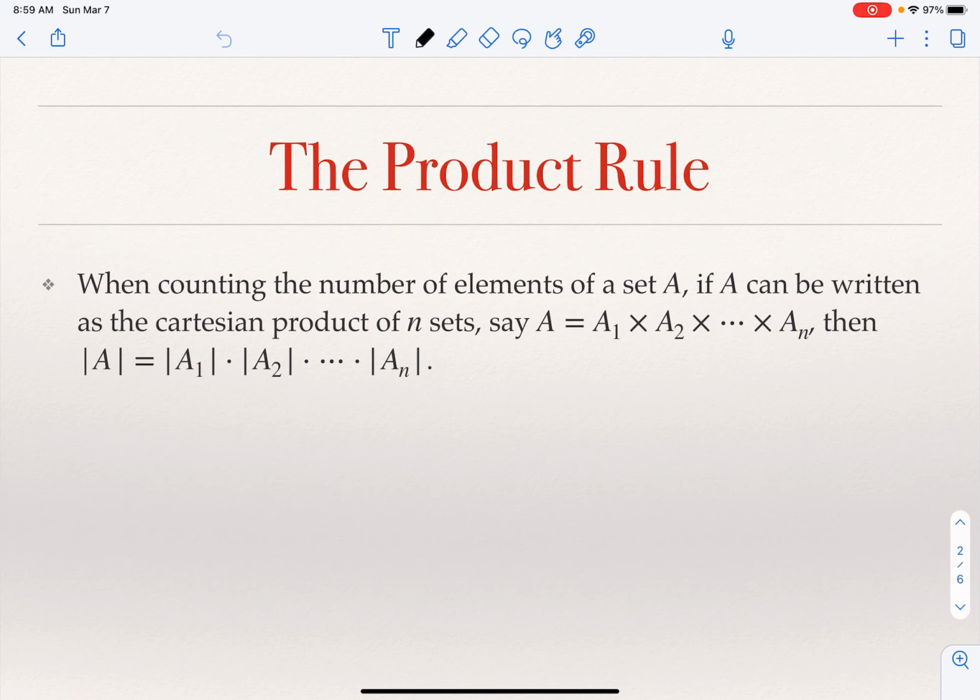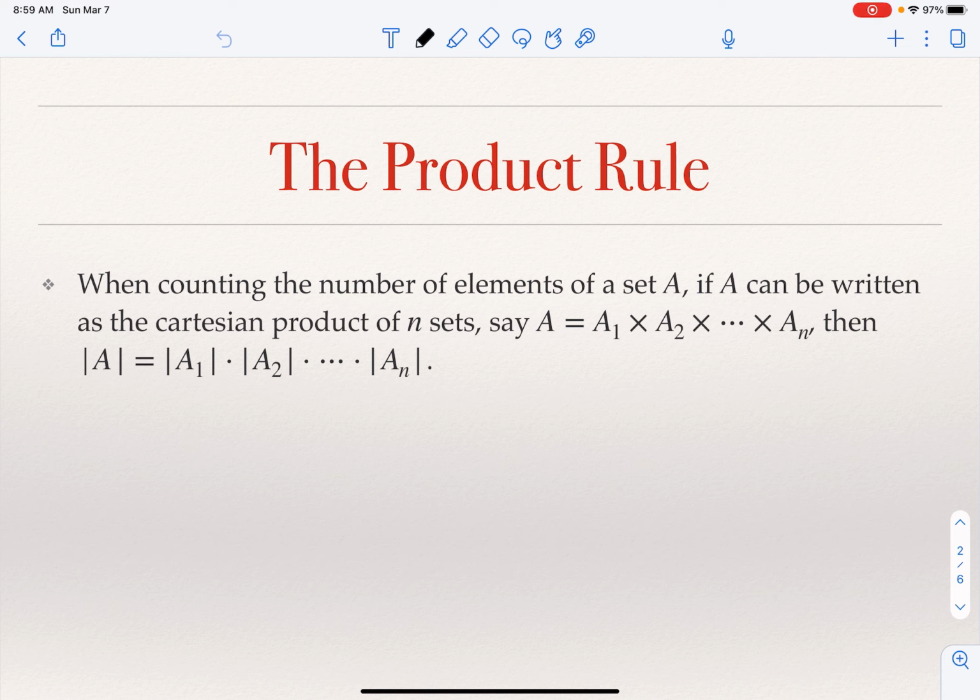If the set A, whose elements you are trying to count, can be written as the Cartesian product of n sets, each of its own cardinality, then the cardinality of A is the product of the cardinalities. We can prove this easily using induction.